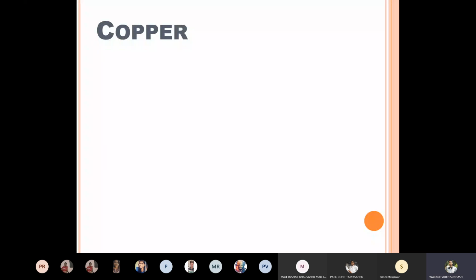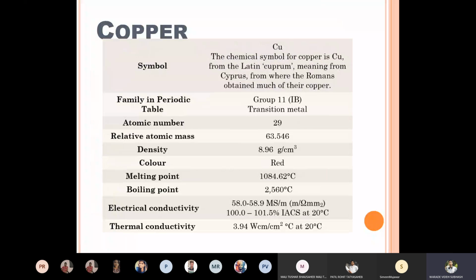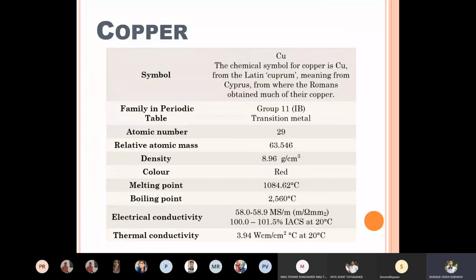Copper's symbol is Cu. It is from the periodic table group 11, which is a transition metal, having atomic number 29 and relative atomic mass 63.546. Density, as you can see here, is 8.96 grams per cubic centimeter. Color is red. Its melting point is 1083 degrees Celsius.